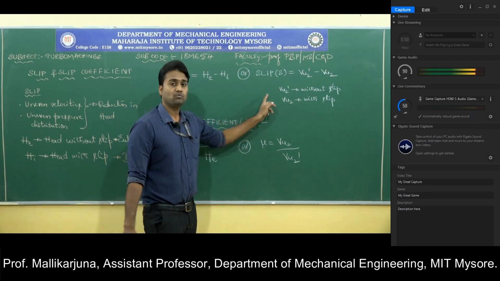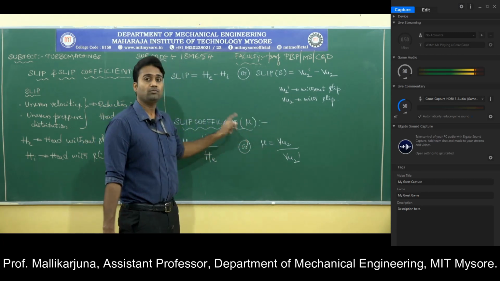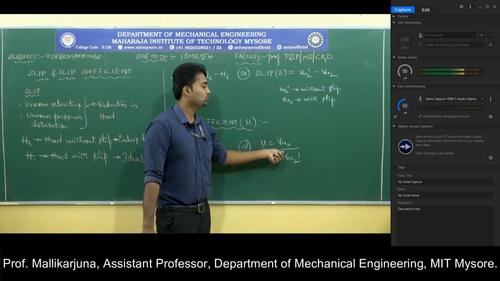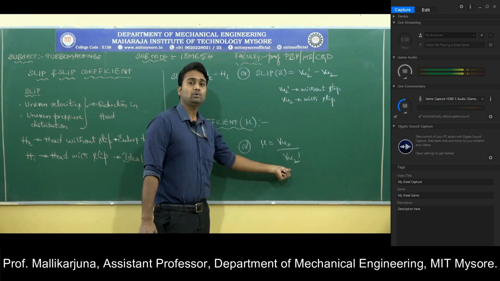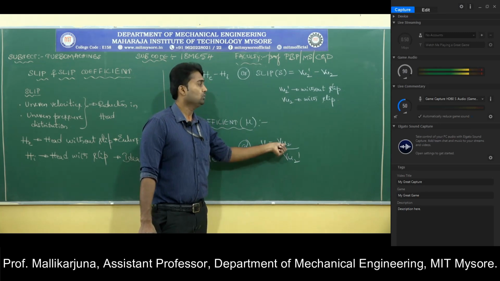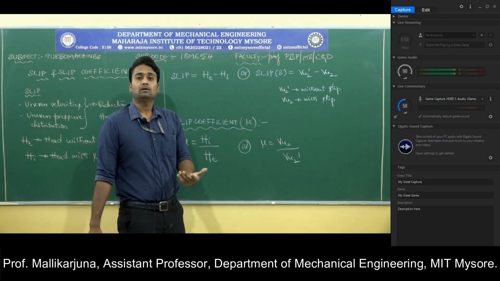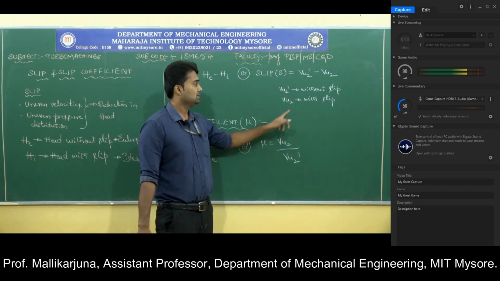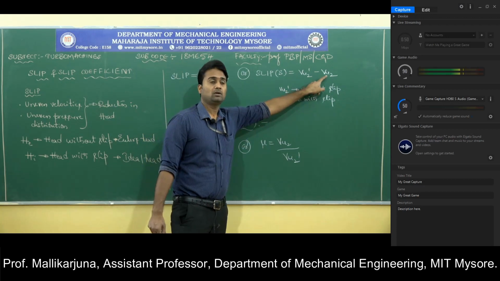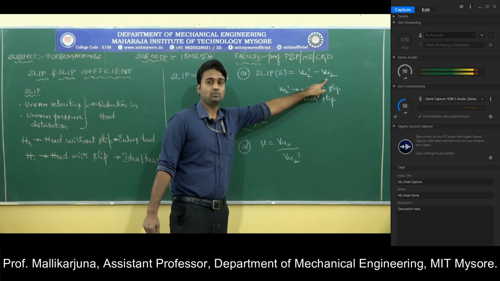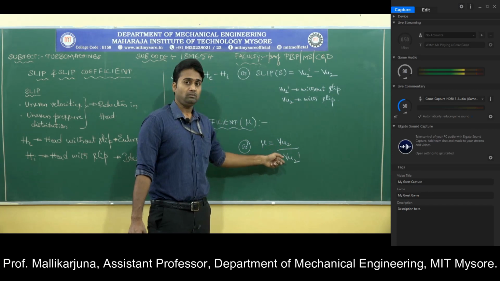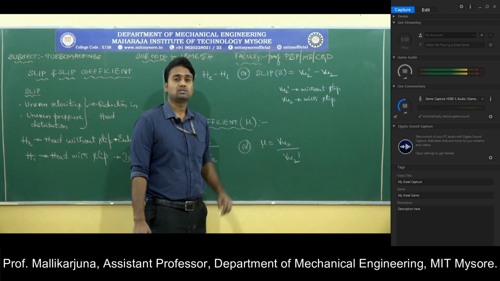In other words, in terms of velocities, the mu coefficient can be defined as Vu2 divided by Vu2 dash. Vu2 dash is without slip, Vu2 is with slip. The ratio is going to give a value lesser than 1, because Vu2 is the lesser. Look at the equation: largest value is in the denominator, lowest value is in the numerator.